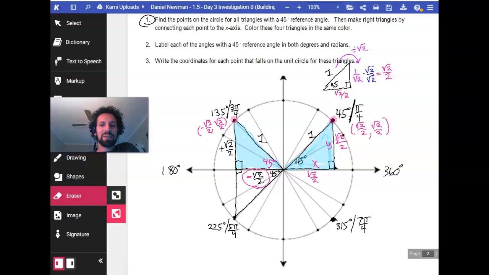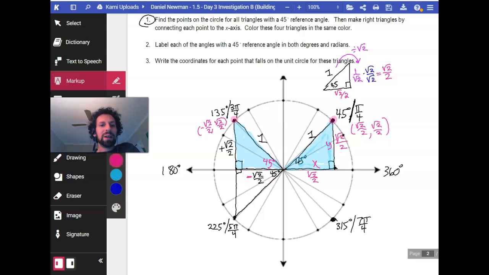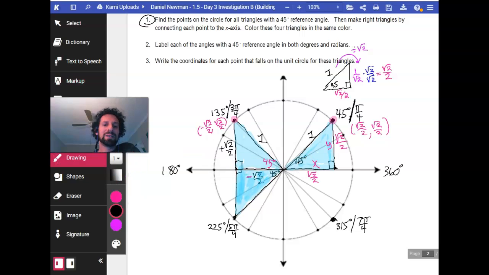I'm going to erase this big circle right here. And now we're talking about this triangle right here. So we want to find the legs of this triangle so that we can label the coordinates of this point right here. Again, we know the hypotenuse's length is 1, and we already know this coordinate because this side is the same for both triangles.